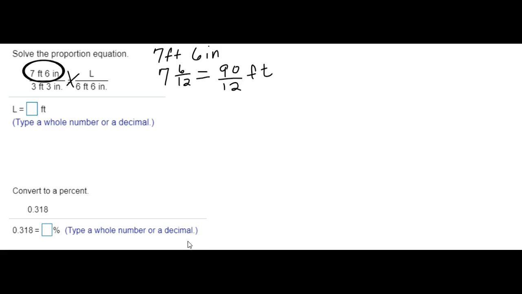And then I need to do the same thing for 3 foot 3 inches. 3 foot 3 inches is 3 3/12 feet. Converting that to an improper fraction, we multiply 3 times 12 and then add 3 to give us 39 over 12.